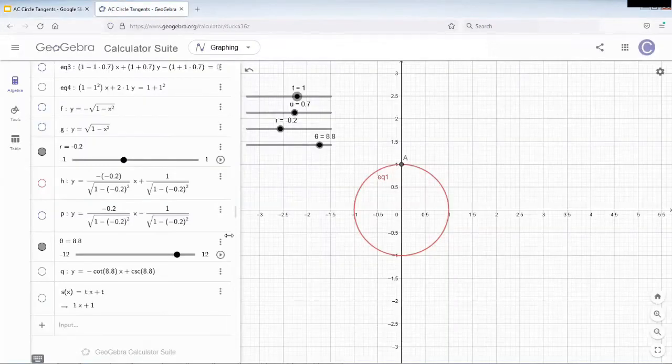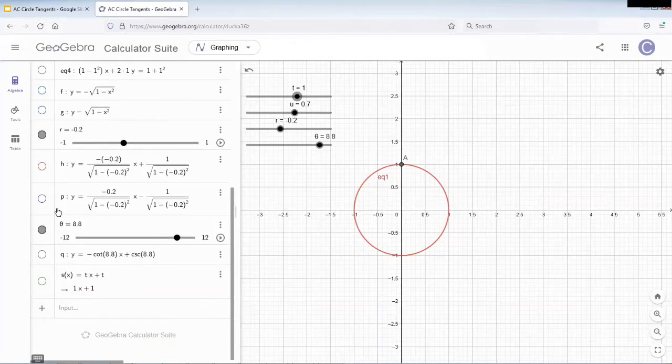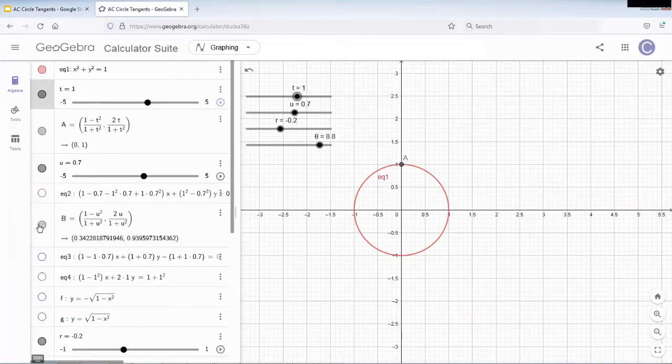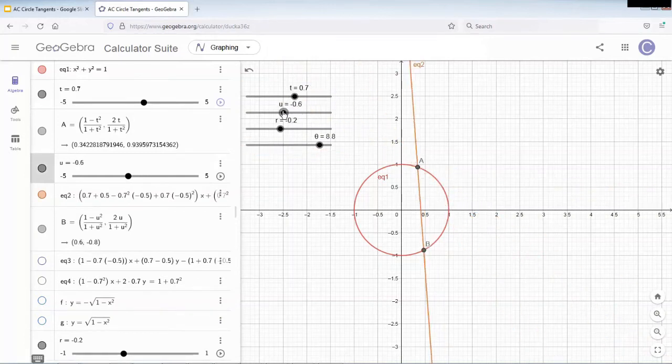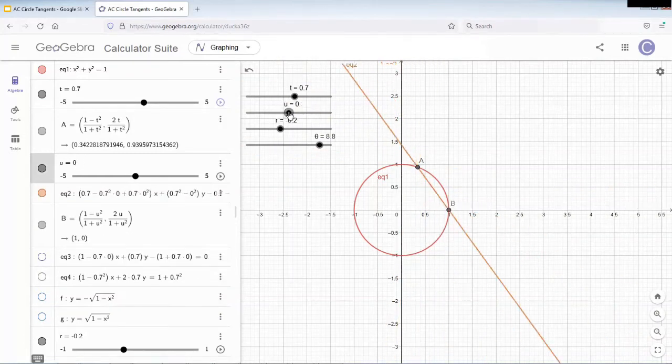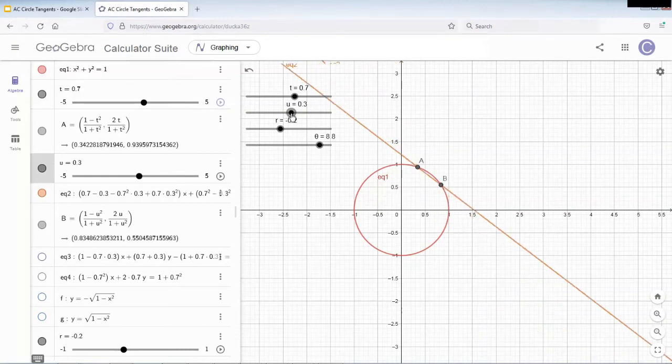So let's take a look at this in GeoGebra. So here I have my other point, okay, given by the parameter u, and then this point A given by the parameter t, and here is our equation for the line between them. Okay, so you might think, well, let's just bring the points together and then perhaps we'll get a tangent line.